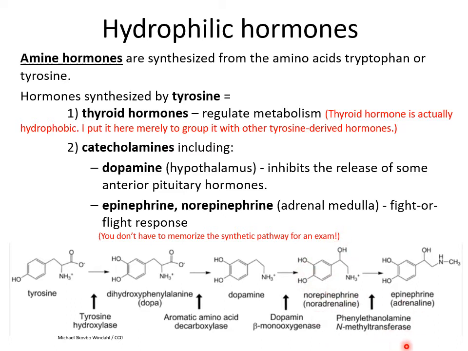And then phenylethanolamine N-methyltransferase will convert the norepinephrine to epinephrine. Once again, you don't have to memorize this, but it gives you an idea of the synthetic pathway and the tyrosine origins of these several different hormones.